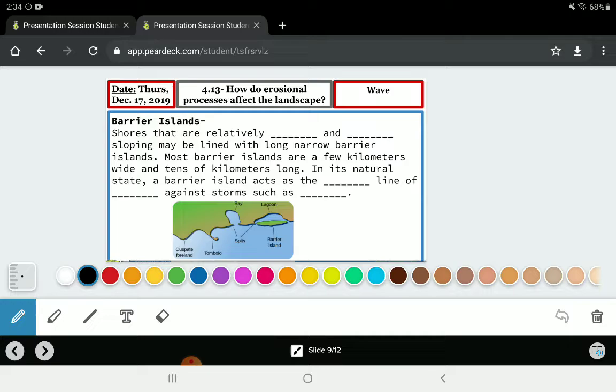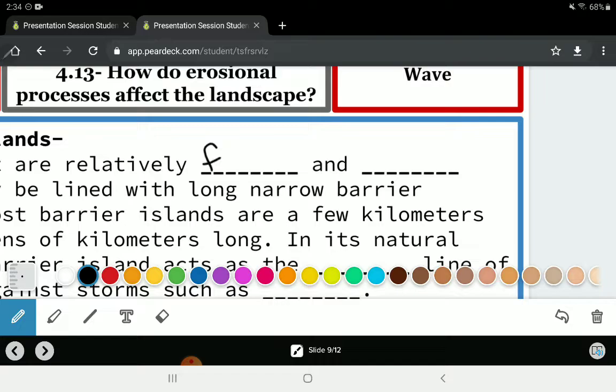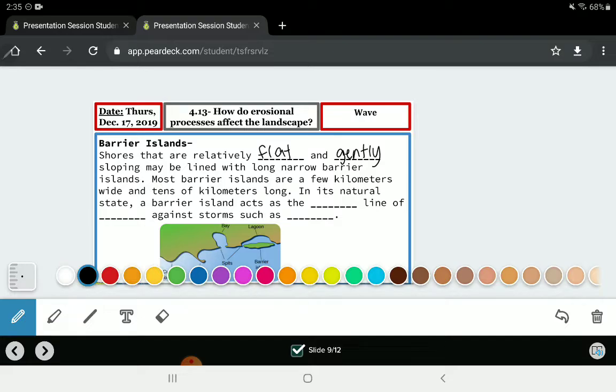An erosional feature formed by waves are barrier islands. These are shores that are relatively flat and gently sloping. They may be lined with a long, narrow barrier of islands. Most barrier islands are a few kilometers wide and tens of kilometers long.